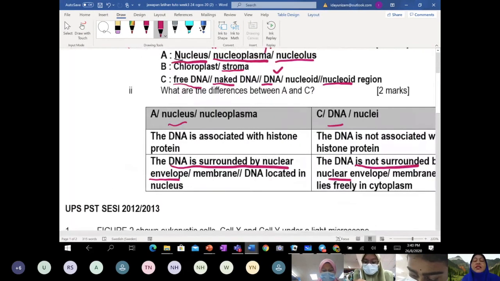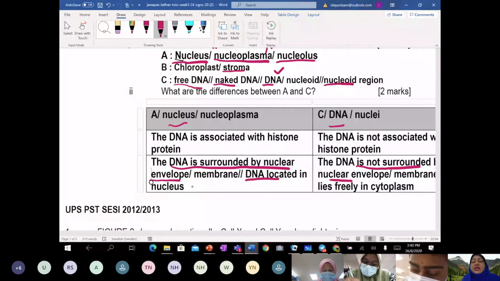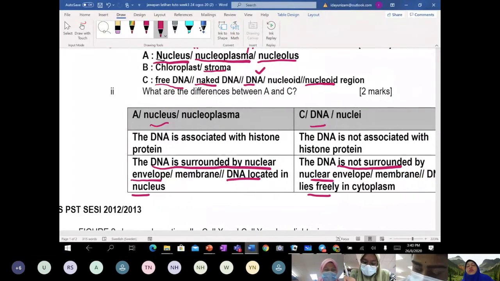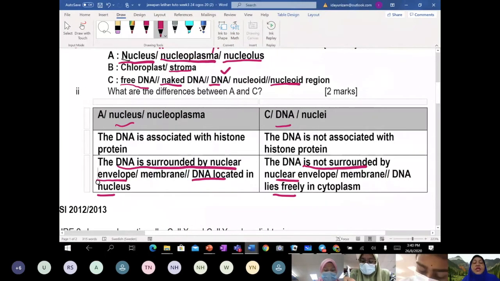That is another answer with the same meaning in terms of location. So DNA for plant or animal is located in nucleus, whereas DNA for bacteria or prokaryote lies freely in cytoplasm.